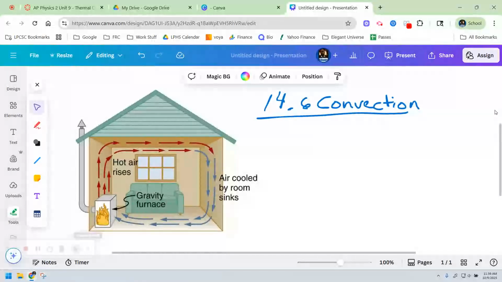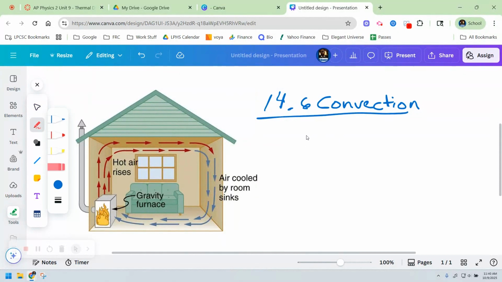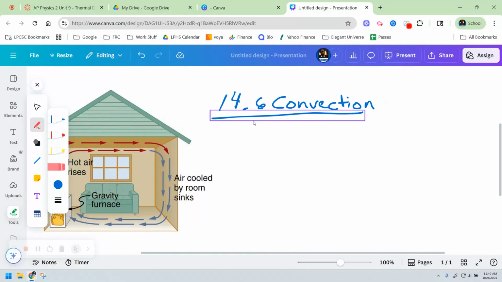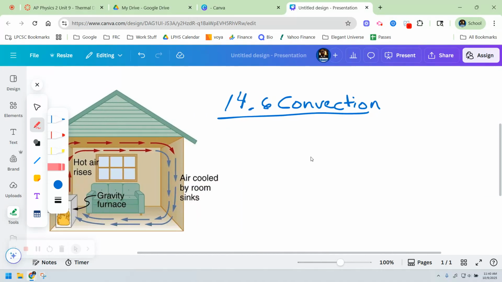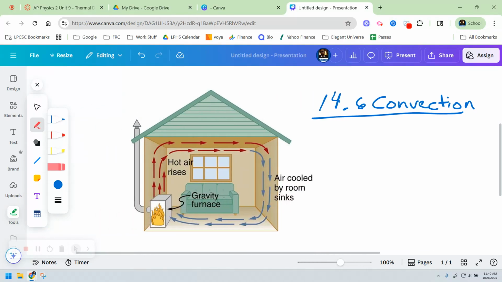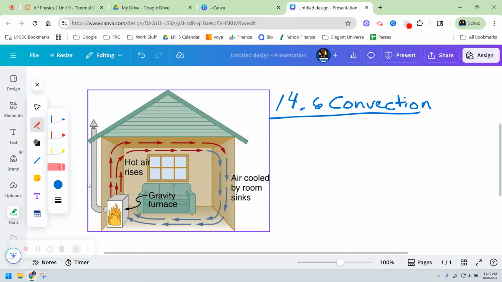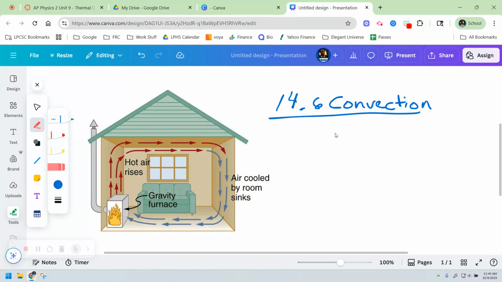All right, so today we're going to talk about convection. The easiest way to put it, it's all a transfer of heat. But when we talk about convection, we're usually talking about circulating the air.